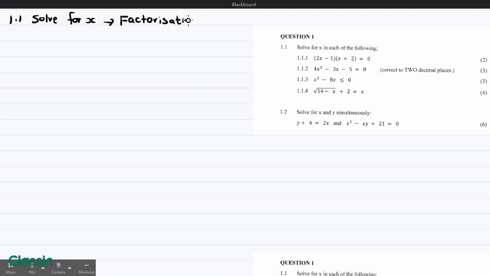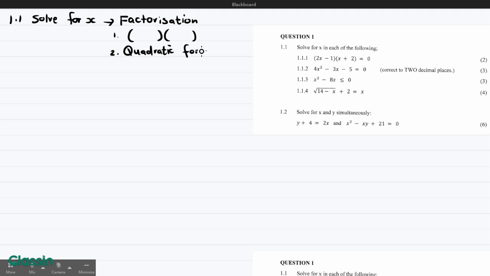Now, when we factorize, there are two ways in which we can do it. We can factorize by means of using brackets. The second method we can use for factorization is by means of the quadratic formula.